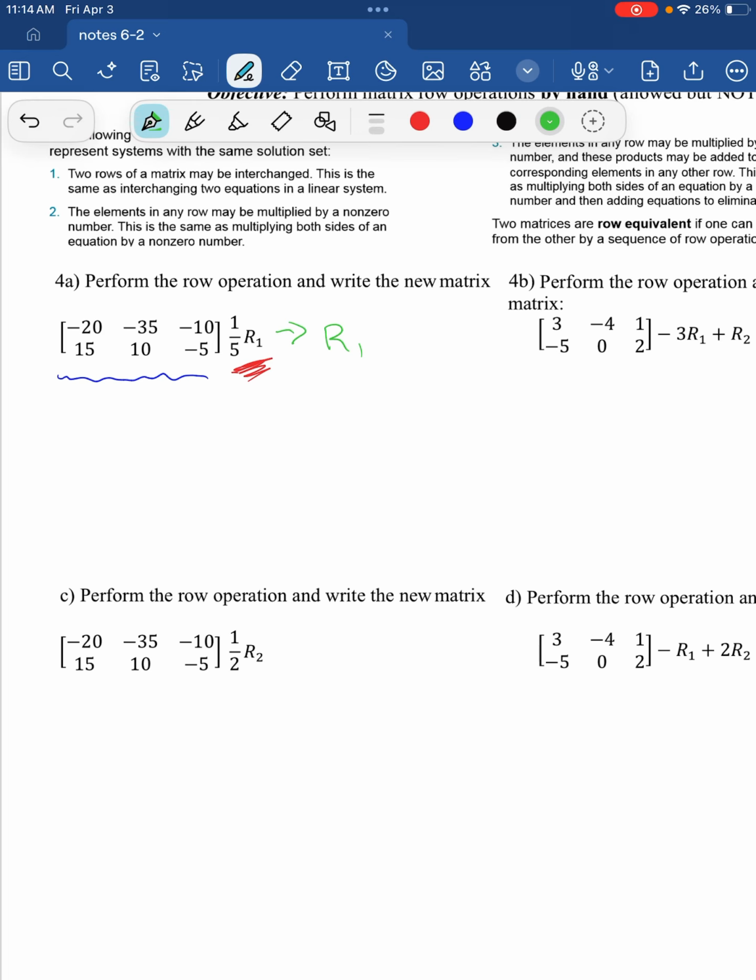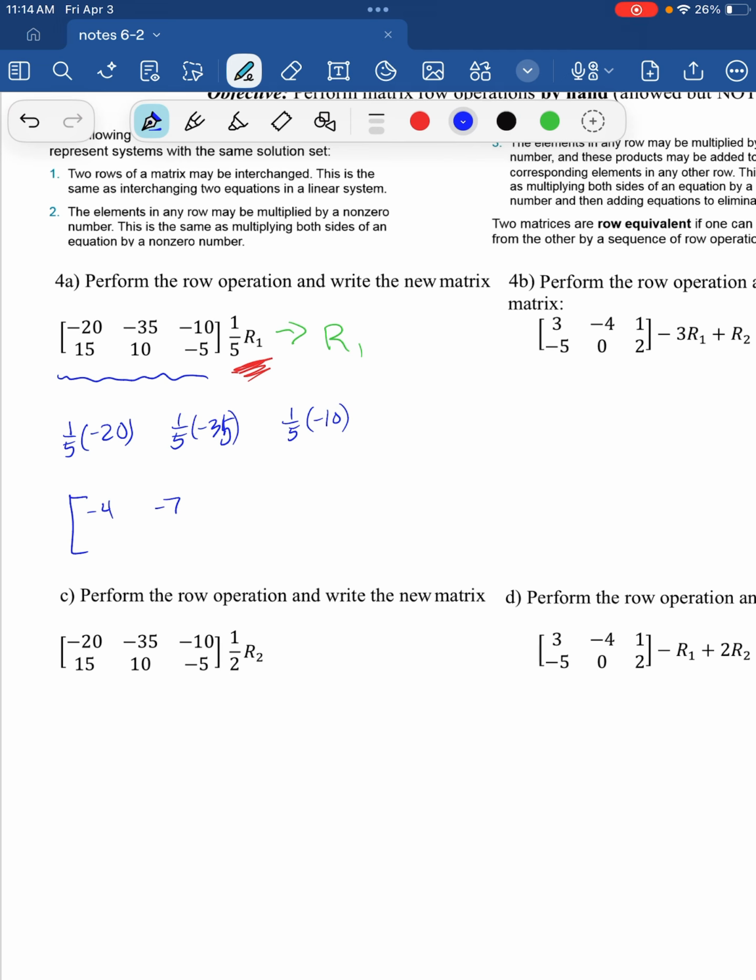So the first row, instead of -20, is going to be 1/5 of -20. Instead of -35, it's going to be 1/5 of -35. And instead of -10, it's going to be 1/5 of -10. And for my answer, 1/5 of -20 is -4. 1/5 of -35 is -7.